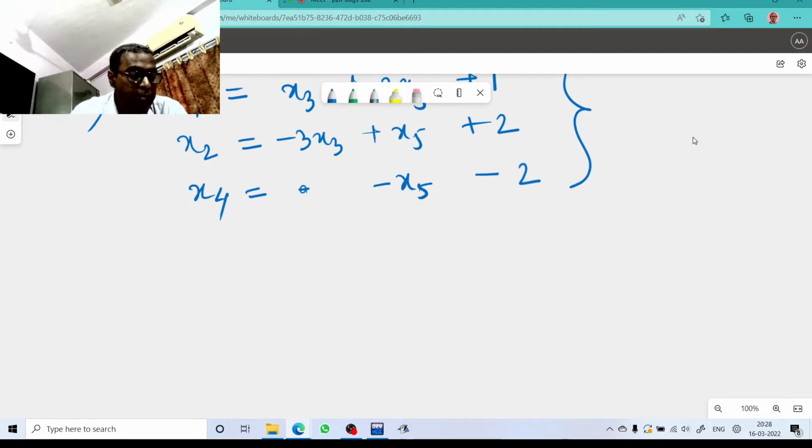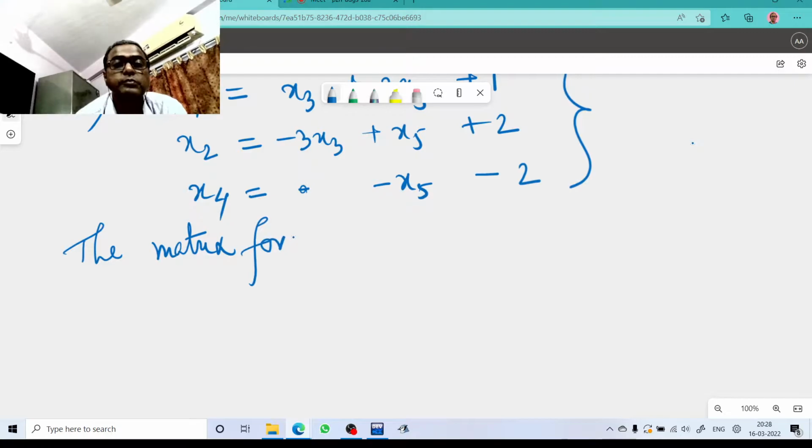The vector form, that is the matrix form, of this last system is this.